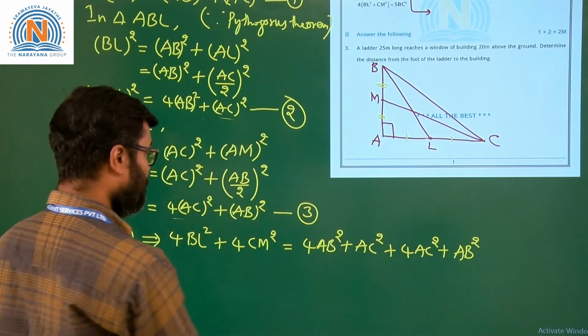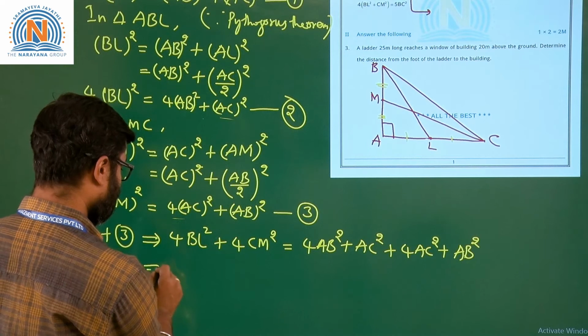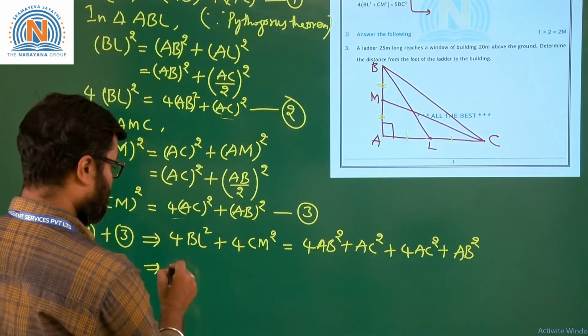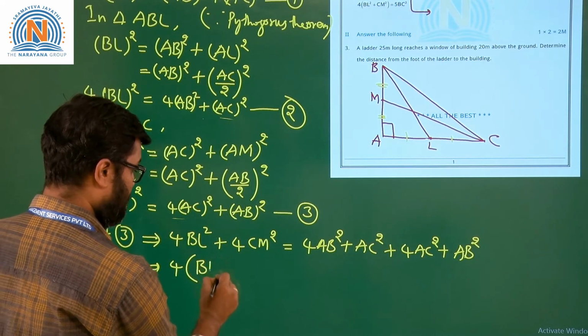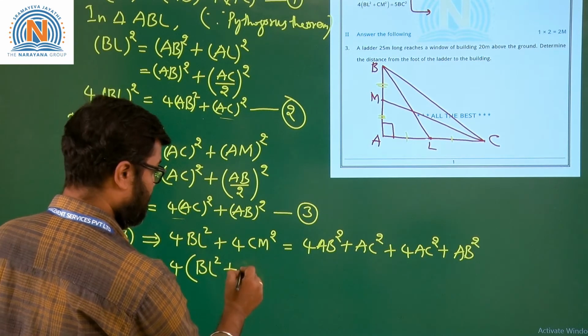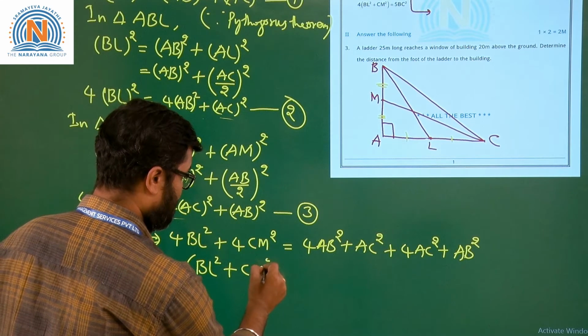Now here this 4 and this 4, take 4 common, and here it will be BL square and here it is CM square.